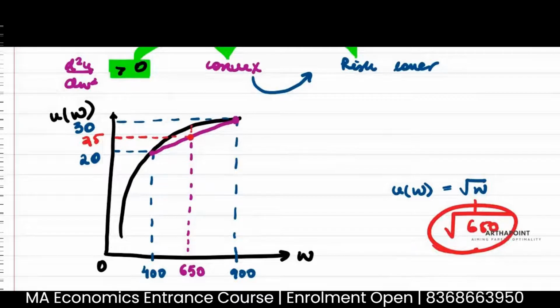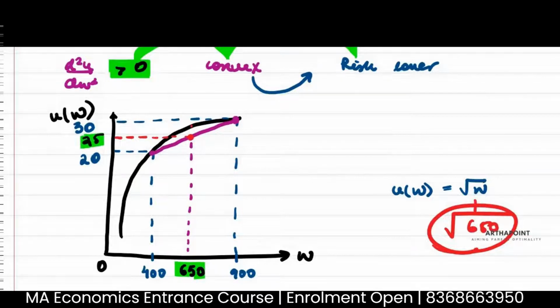I am not getting 650 with certainty. 650 is what I get with expected value. Sometimes I make 400, sometimes I make 900. Its expected value is 650. So I must find out the utility of 650 through expected utility formula, which is this, what the value that I get.